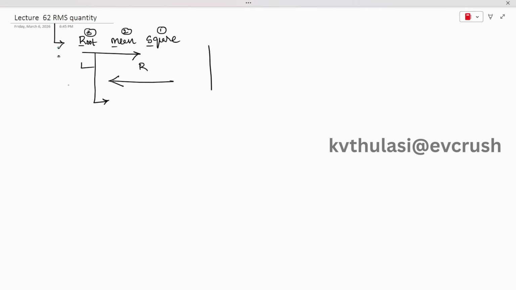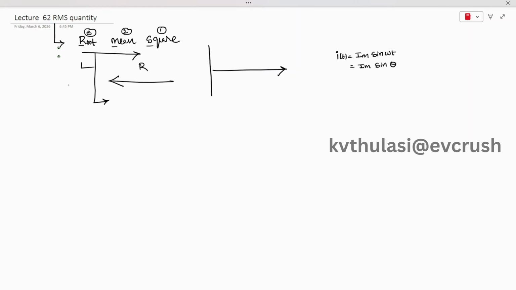If you have a sinusoidal supply, the sinusoidal equation is given by I of t equals I maximum into sine of omega t, or this can be written as I maximum into sine of theta.